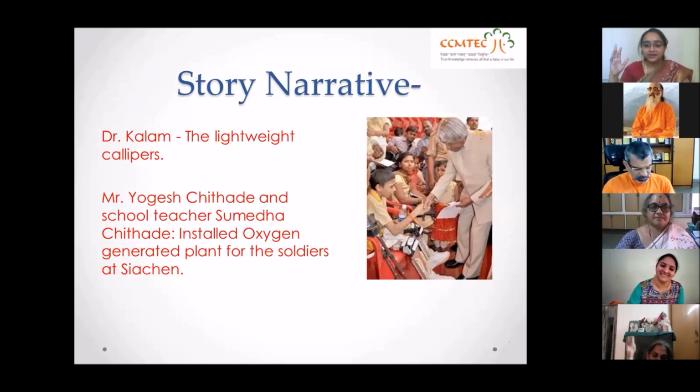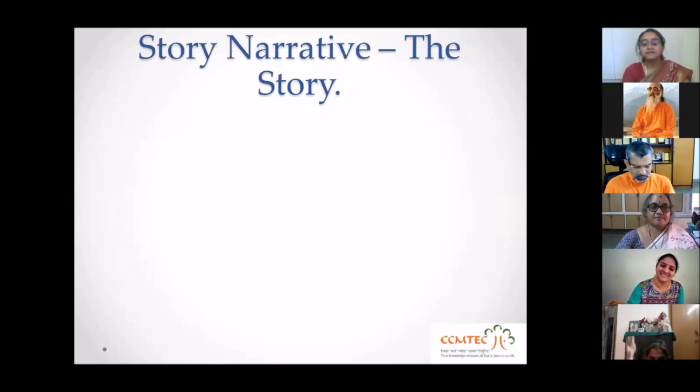With no medical background, because Yogesh Chitreji was an ex-Air Force officer and Sumedha ji was a teacher, they did research, and after 2 years they came up with a plan. Once the plan was ready, where was the money coming from? They went around and raised the funds, and finally they could inaugurate this oxygen generation plant. Today, more than 20,000 people have benefited from this.